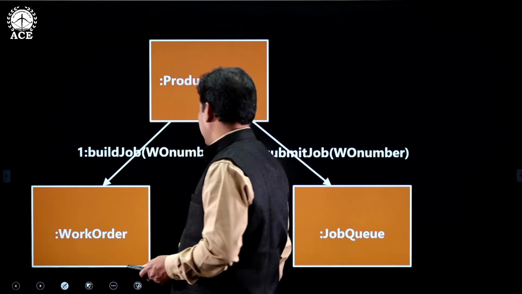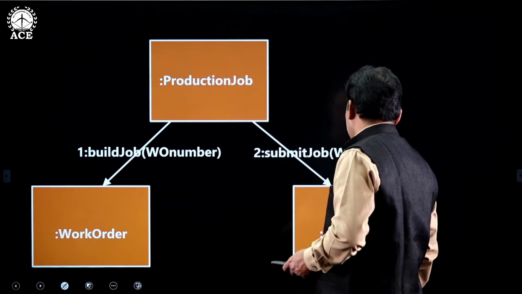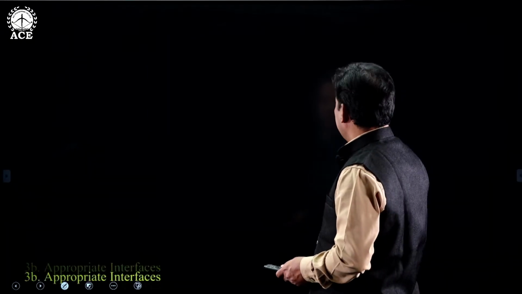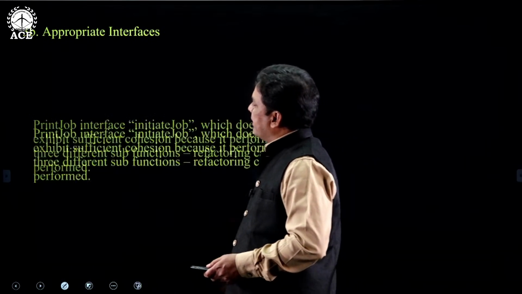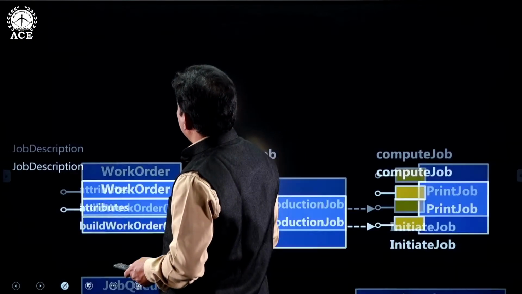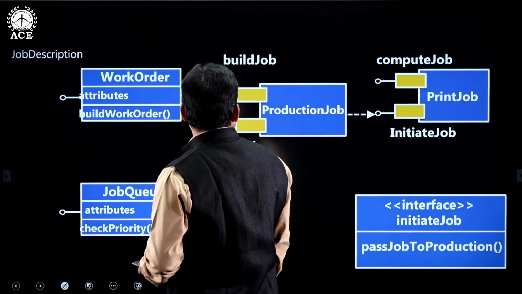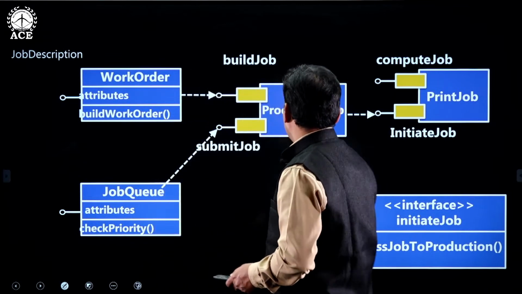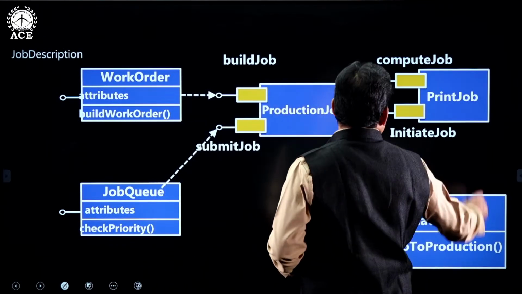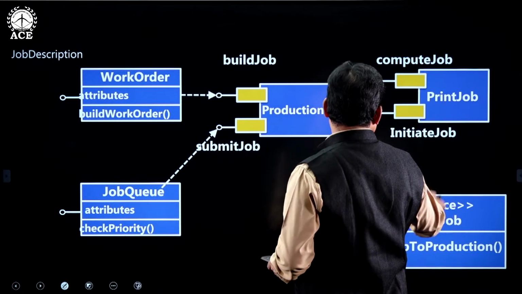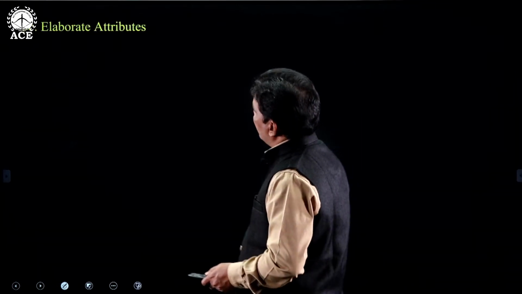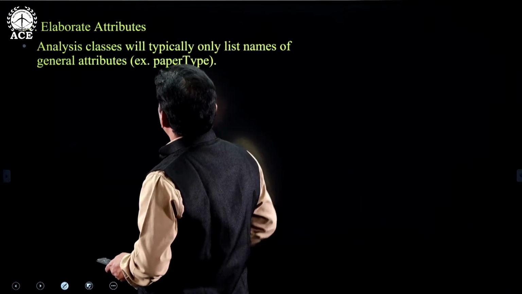Just see production job: work order, job queue. And coming to appropriate interfaces, what are the interfaces here? Job description is one interface, job queue is also one interface, and there are the production job and compute job interfaces. Coming to elaborate attributes, we know what is meant by attributes.